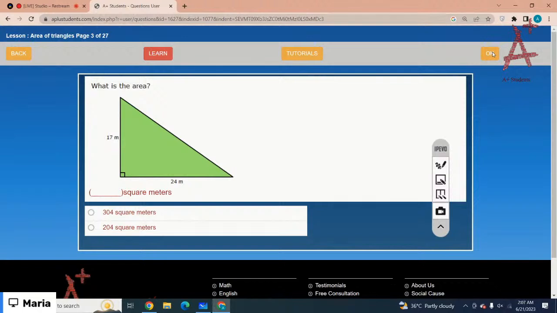So just put in the values. You have to do 24 times 17 divided by 2. So it would be 408 divided by 2 is 204. So the correct option is the second one. It would be 204 square meters.